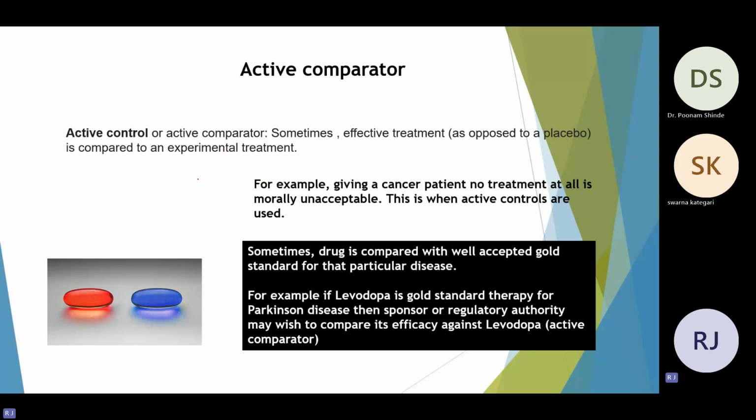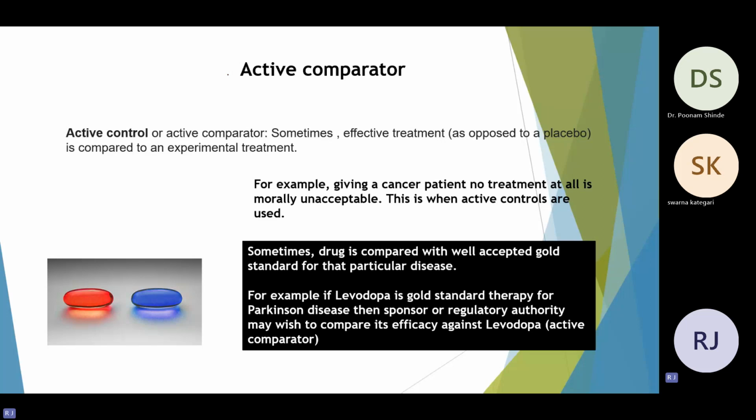If you remember, while teaching phase 3, I said that in phase 3 we also compare our treatment with the standard treatment available in the market. For example, if I'm developing a drug for back pain, any painkiller, then everybody knows that diclofenac is the standard treatment for back pain available in the market.